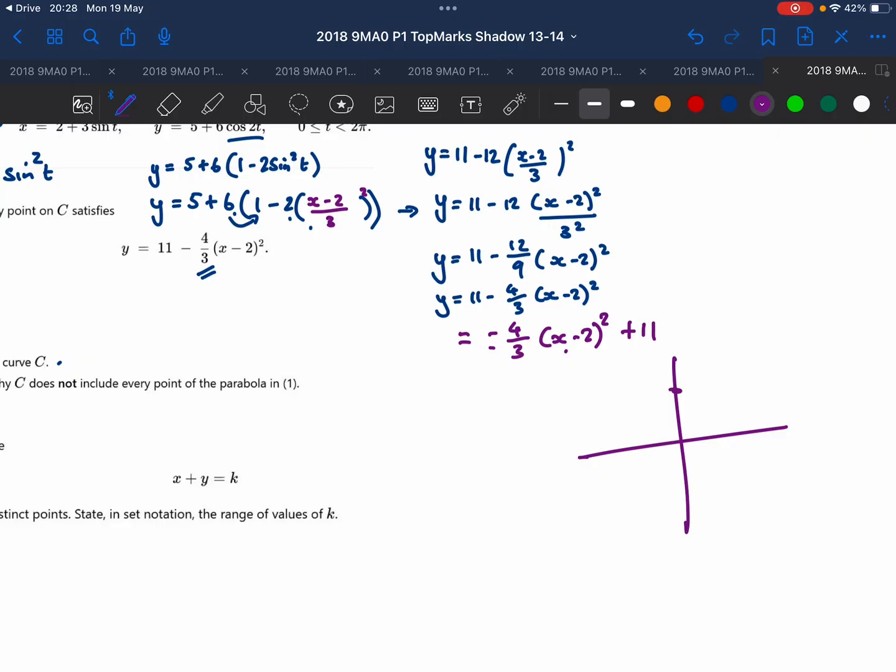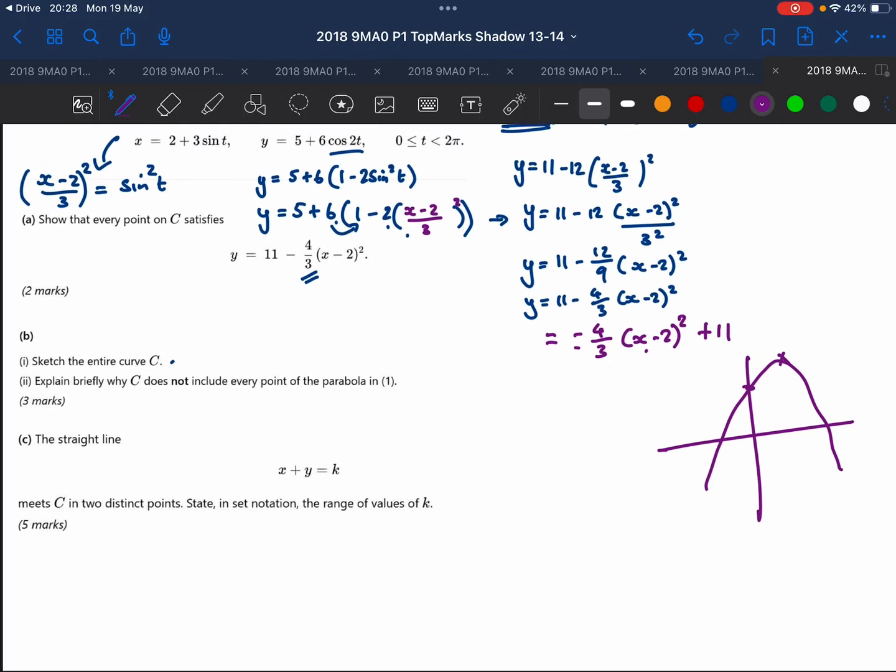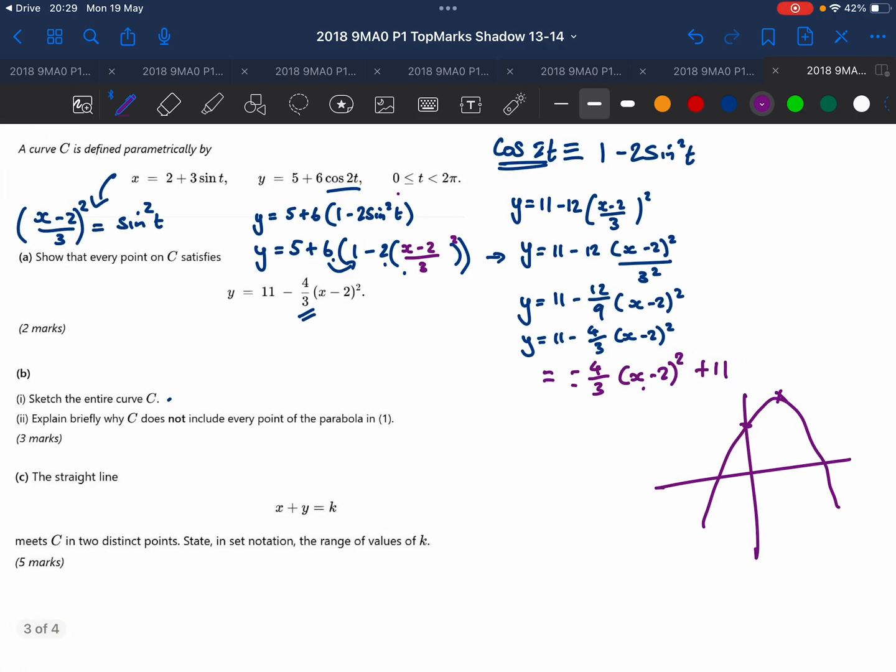So it's negative quadratic, and its turning point is going to be at 2. Oh, sorry, I think I said 11 is the turning point. That's not necessarily the case. Its turning point would be at 11. So roughly, it will do sort of something like this. The problem, however, is I've got a restriction here. So it's not necessarily going to be the case that I'm going to be able to draw the whole thing.